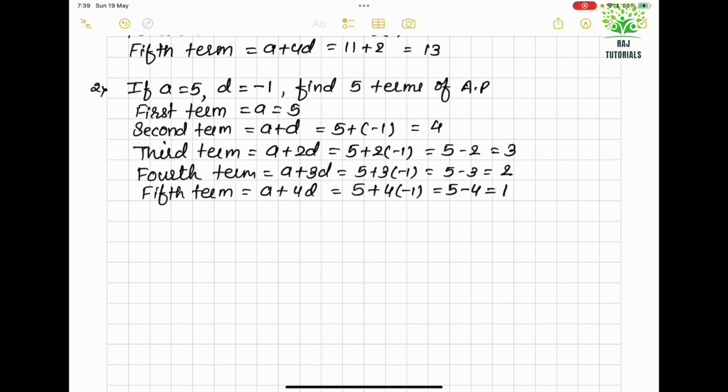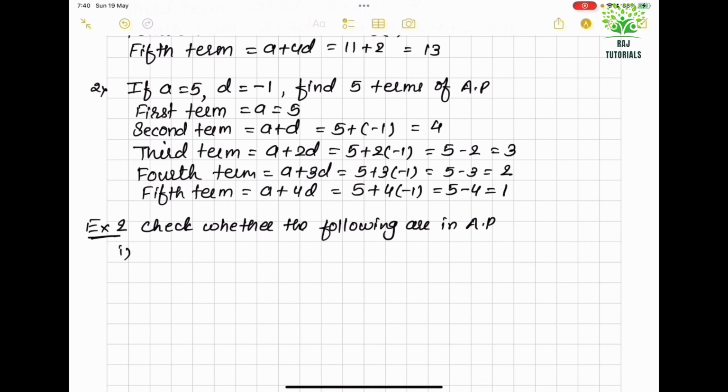So that way I can go on and solve it till as many terms as they have asked me. Now suppose I take the next example, that is check whether the following are in AP.